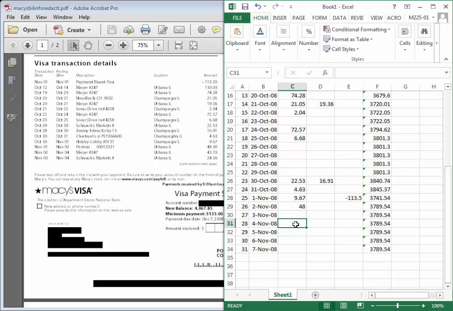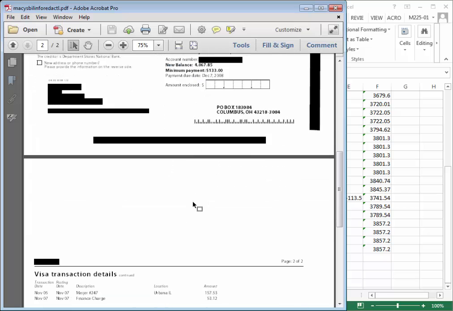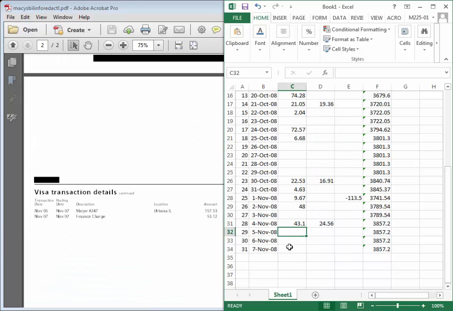On November 4th, two transactions, $43.10 and $24.56. And now notice it says continued on next page. I gotta go look at the next page because there's one more transaction on the next page. I'm not gonna write down the finance charge. I'm gonna compute that. But I do need the $157.53.